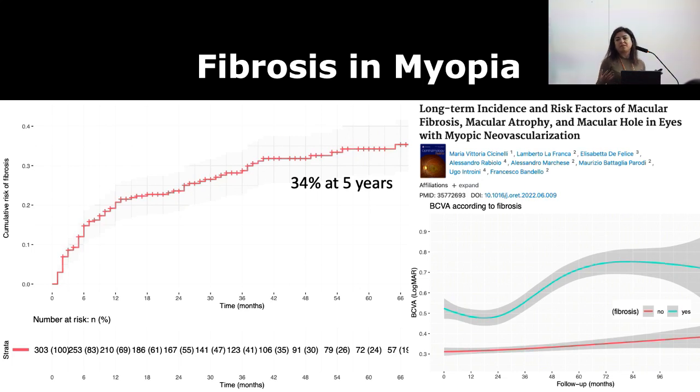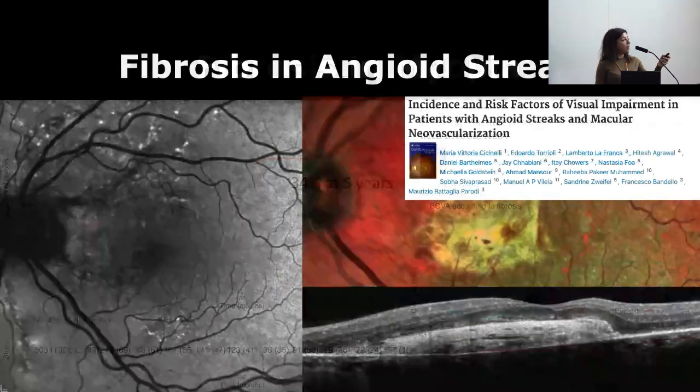Maybe this suggests a more aggressive or larger CNV compared to patients that did not develop fibrosis. They also had a steeper loss of vision over time, while the other patients maintained their vision over more than 5 years.